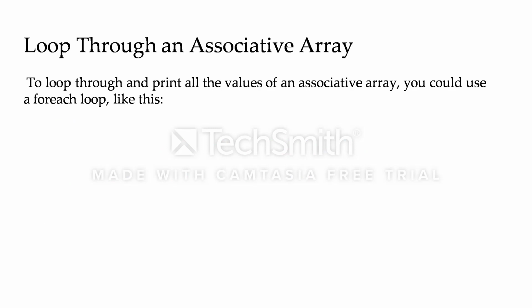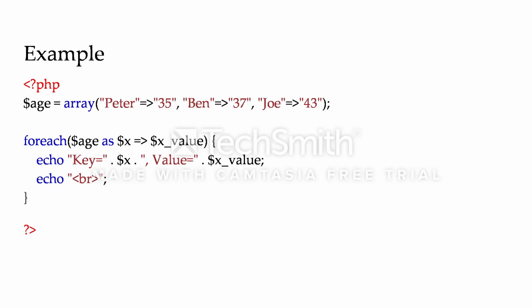Using a loop in an associative array we can print all the values of an associative array. In an indexed array we use a for loop, but in an associative array we are using a foreach loop. In this loop associative arrays example, we take one variable, that is age, and using the array function we assign values in key-value format.